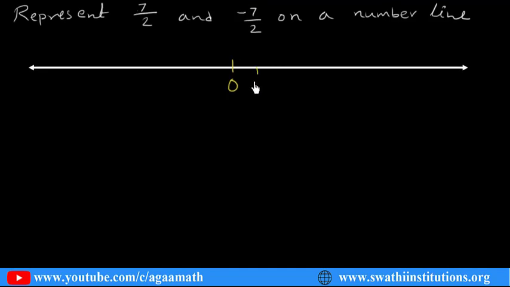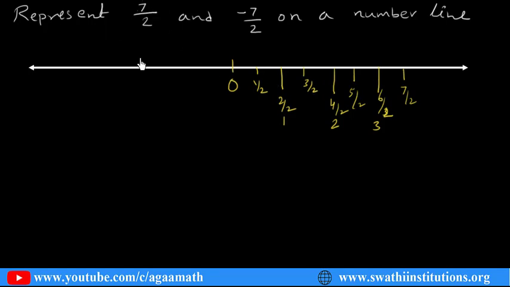As the denominator is 2, we mark 1 by 2, then 2 by 2 is nothing but 1, 3 by 2, 4 by 2 is nothing but 2, 5 by 2, 6 by 2 is nothing but 3, 7 by 2.